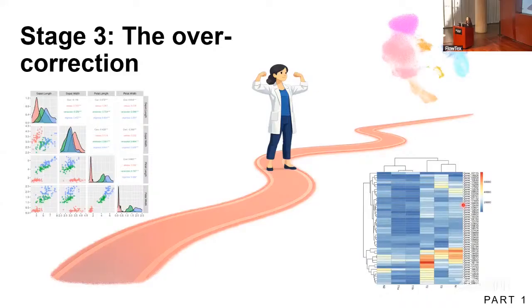Now you are making UMAPs like they are going out of style. You've learned how to use Prism, maybe even R and Python. You're making heat maps and correlograms, and you're so proud of your beautiful UMAP, and you bring it to your colleague and you say, look at what I did. And they say, wow, that's amazing. What does it mean? And you say, I have no idea.